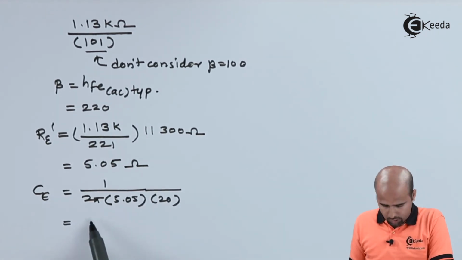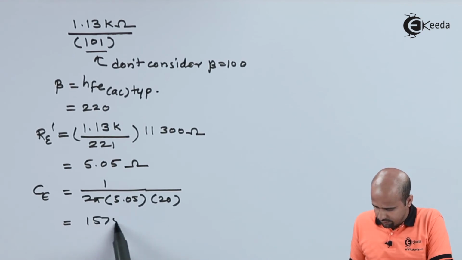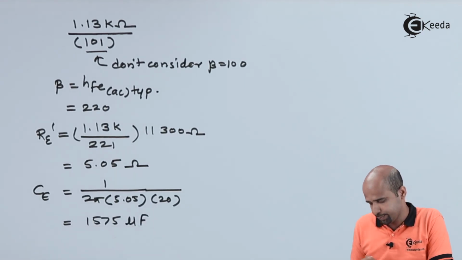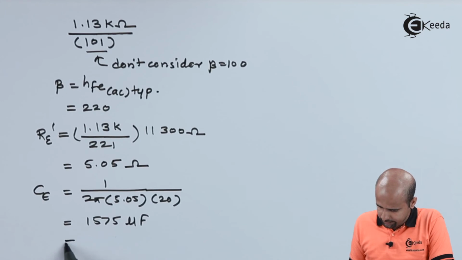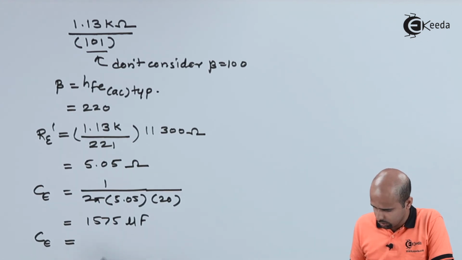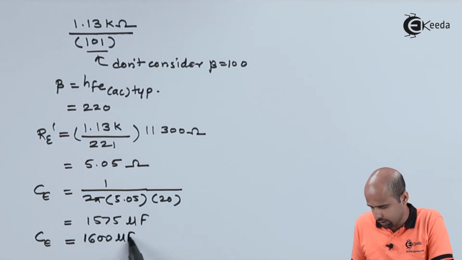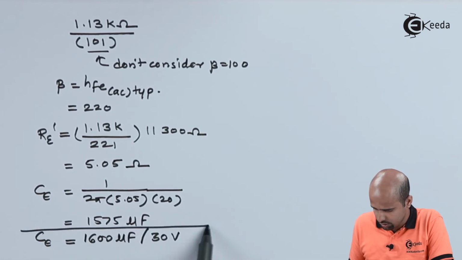CE value is coming out to be 1575 microfarad. It's a very high value of CE that we are getting here. I will treat it towards the higher side. CE is equal to 1600 microfarad with 30 volts. This is your CE standard value.